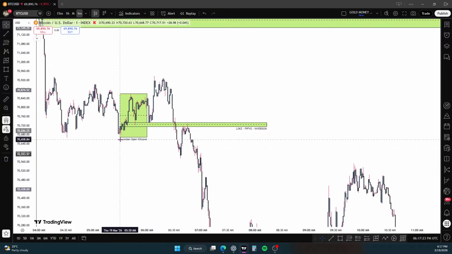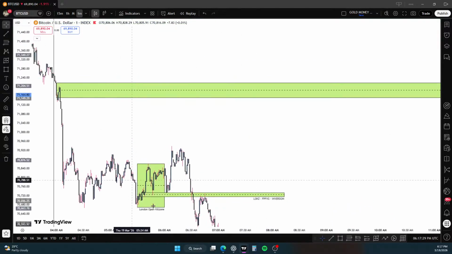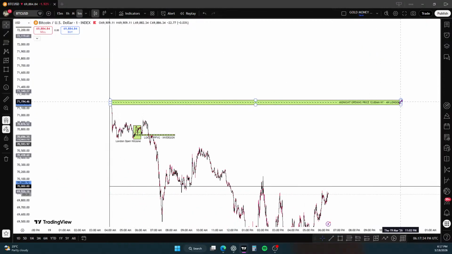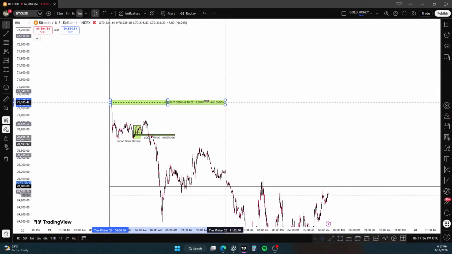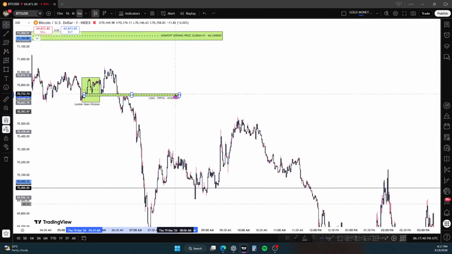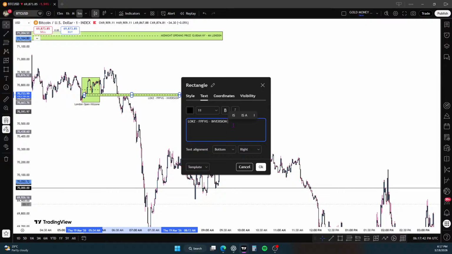London Open Kill Zone is 5:30 a.m. to 6 a.m. Okay, and I think I've explained that pretty decently. And same with the midnight opening price here. So next thing, one second, I'm just going to put New York time.